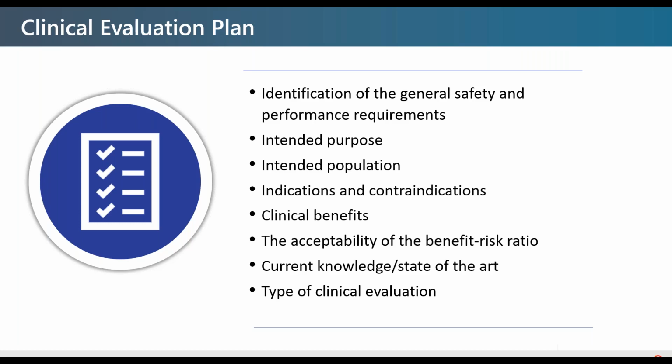And it needs to have a description of what state-of-the-art is for the device. And finally, it should state the type of the clinical evaluation you're going to do. Excuse me, is this through clinical data or is it based on equivalence? And that can be found in Section 7 and Appendix 3 of the MedDev Rev 4.